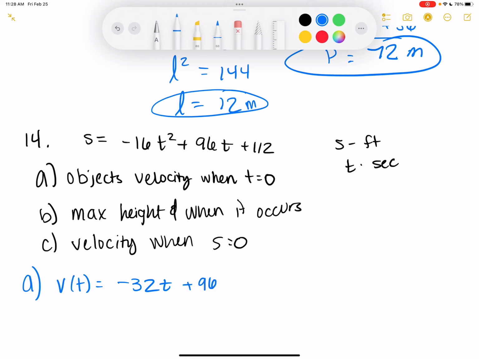All right, and then we want it when t is equal to 0. So v of 0 is equal to 96 feet per second.